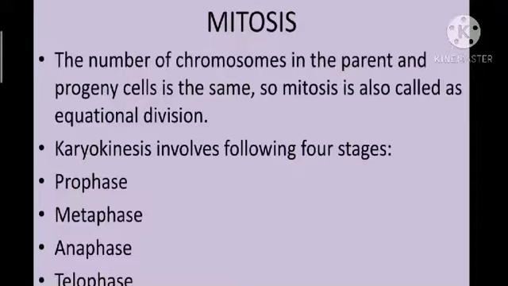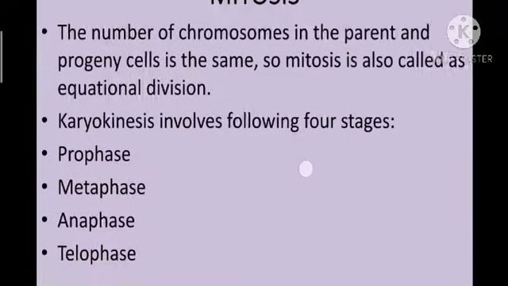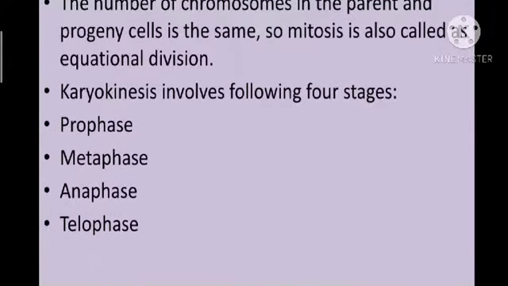Now, when mitosis occurs, first nuclear division takes place, followed by cytoplasmic division. So the first process is karyokinesis. Karyon means nucleus, kinesis means division. So first nuclear division occurs, followed by cytokinesis.